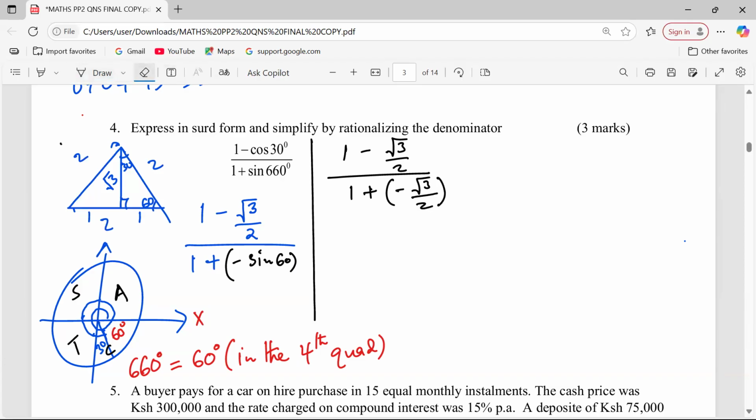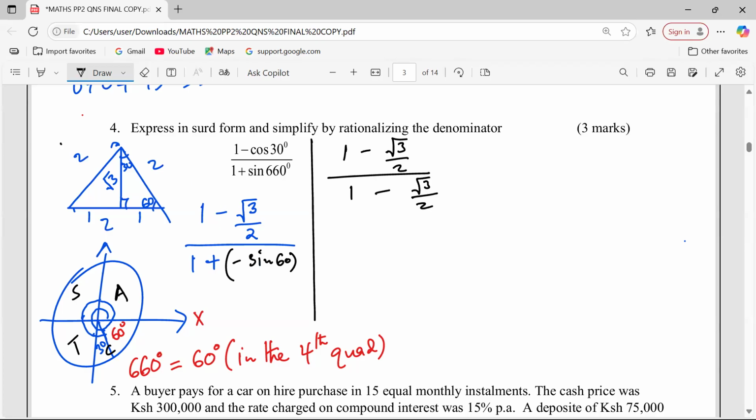So now this negative and the positive can disappear. When you look at this, the answer is going to be exactly 1, because the numerator is the same as the denominator.